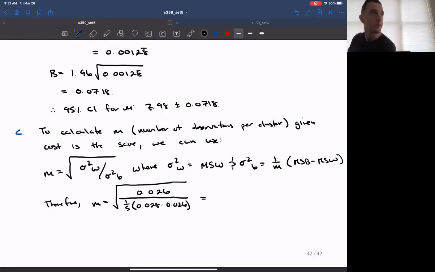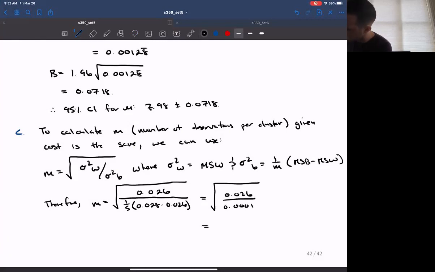And then this should give us something in the area of the square root of 0.026 divided by 0.001, which is equal to 7.211.